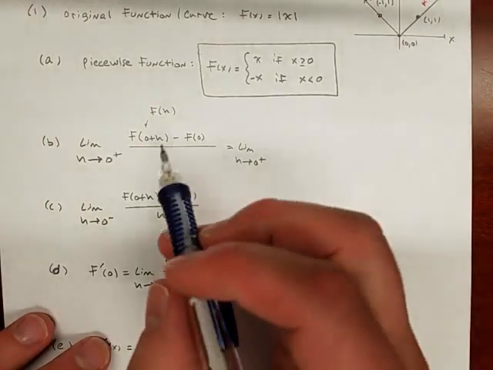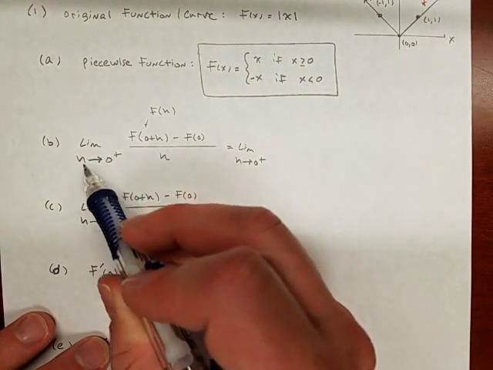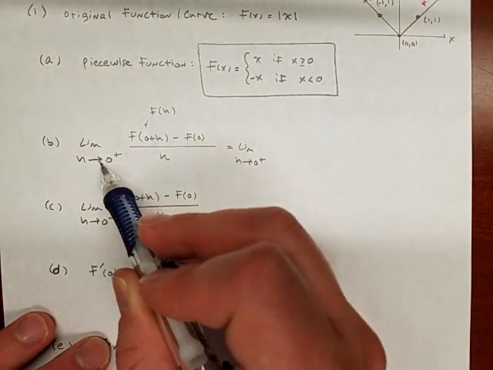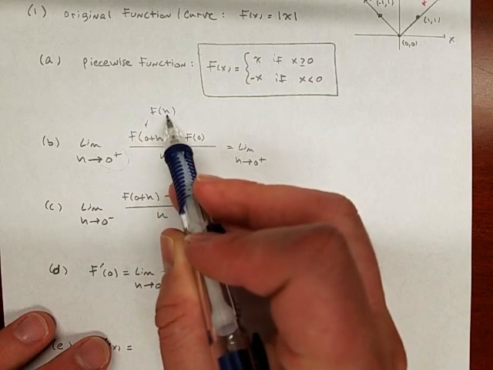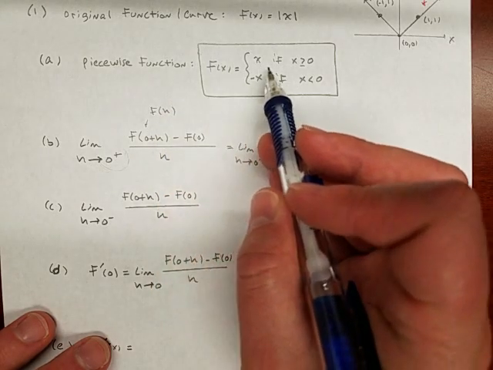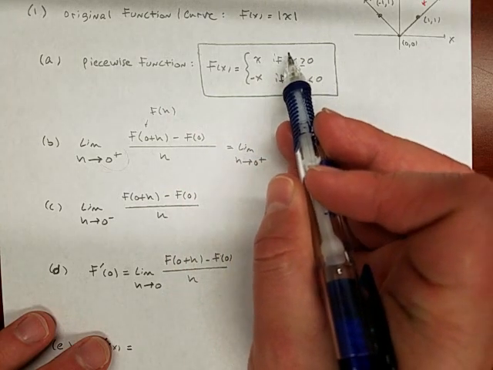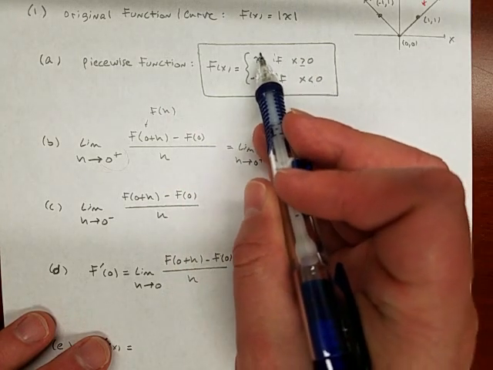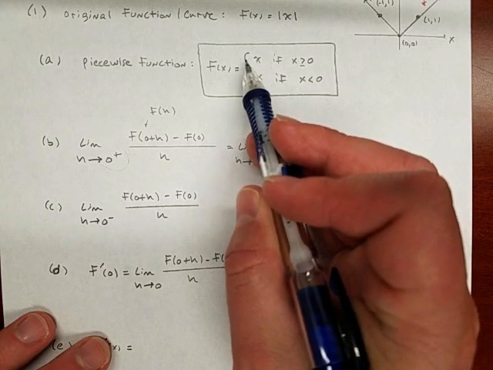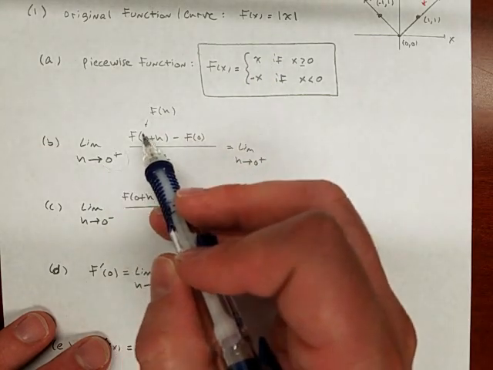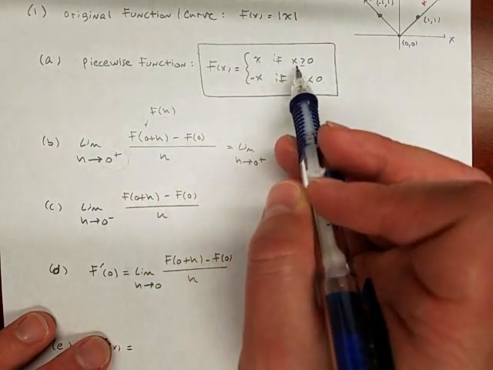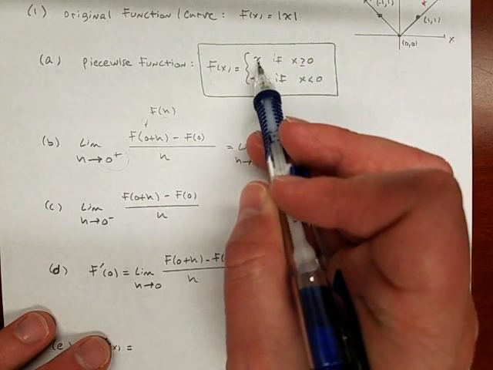If h goes to 0 from the right, then h is positive, and into that function we're in this case, and we get that. So if h goes to 0 from the right, f of h is h.